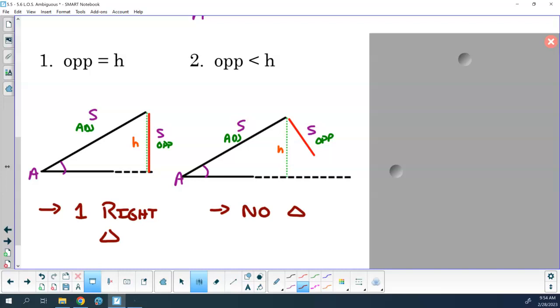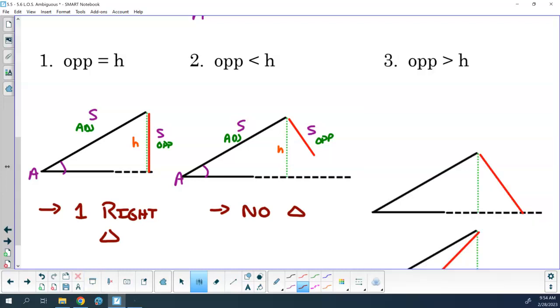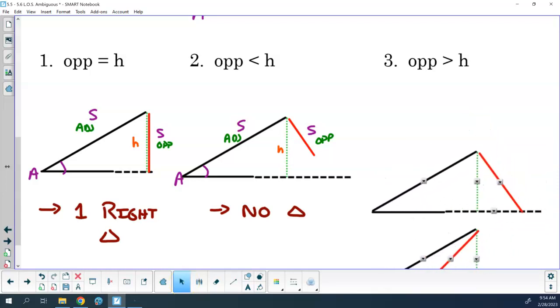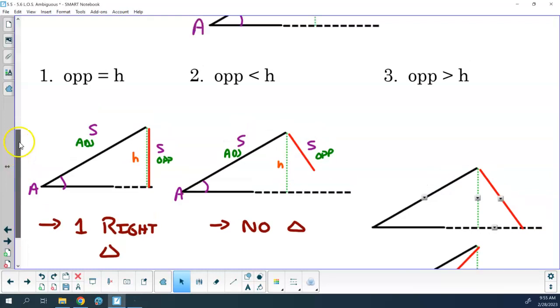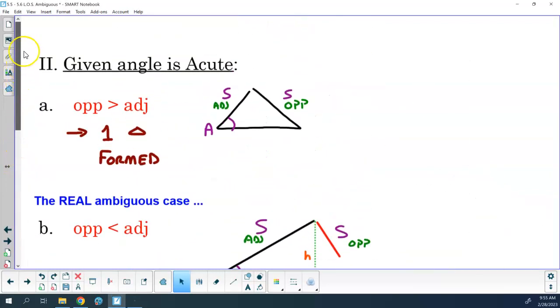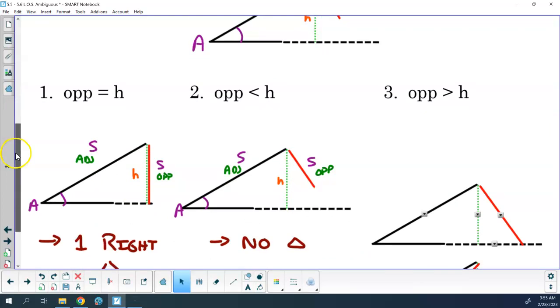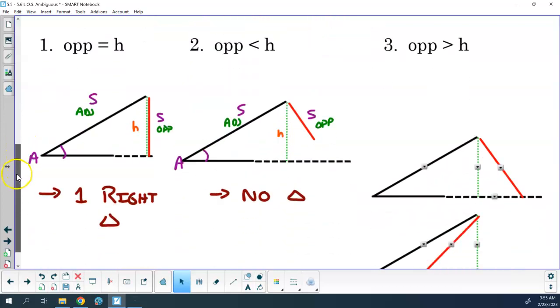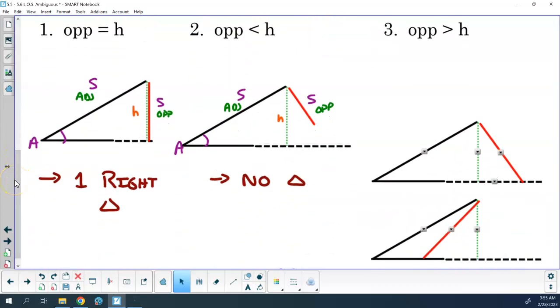Which leaves us with the true ambiguous case. So if you're in all of these scenarios, going back up to here, if we are given an acute angle, the adjacent side is bigger than the opposite side, and then we have to see if that opposite side is bigger than the height.